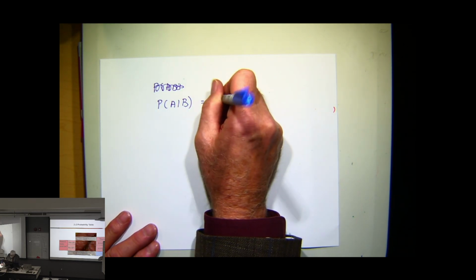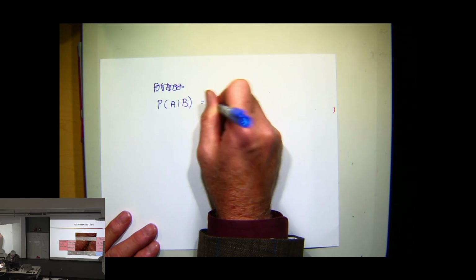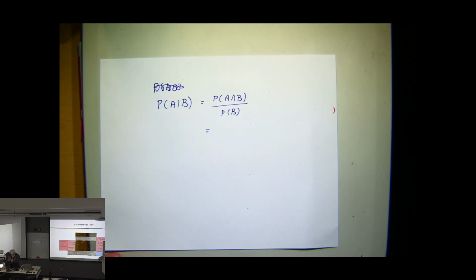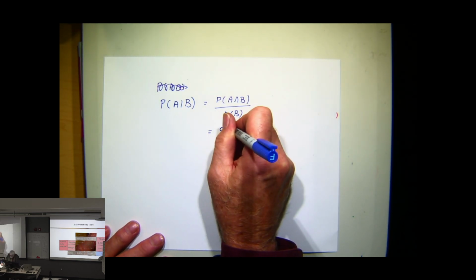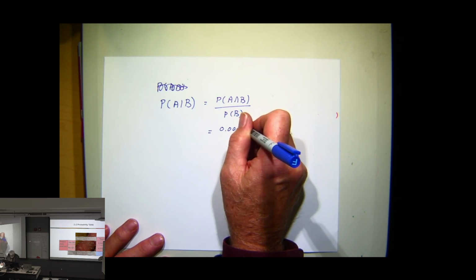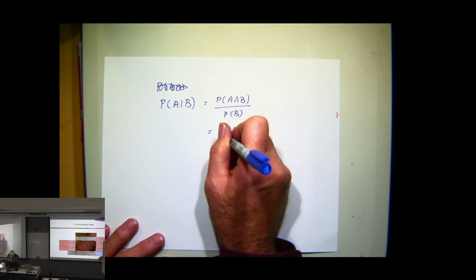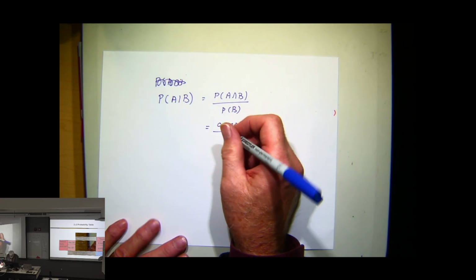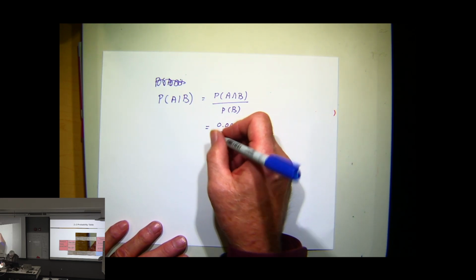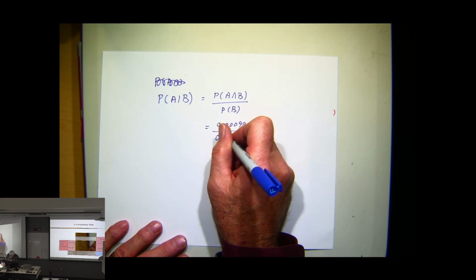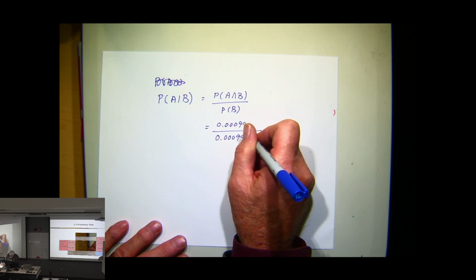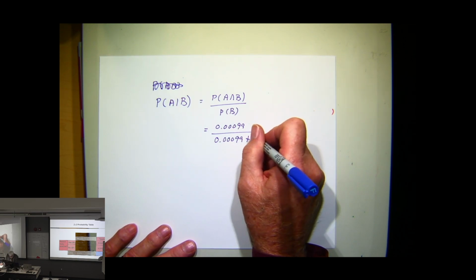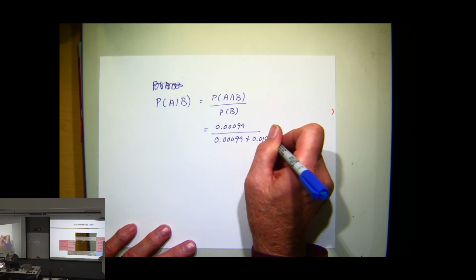We said we're going to take the probability of A intersect B over the probability of B, and we worked out the probability of A intersect B as 0.000999 over the probability of B. And how did I get the probability of B? I added the probability of A intersect B, 0.00099, and I added the probability of A complement intersect B, 0.01998.